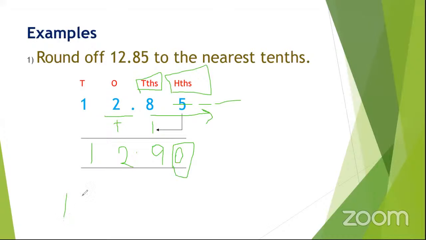So our final answer will be 12.85 is approximately equal to 12.9.